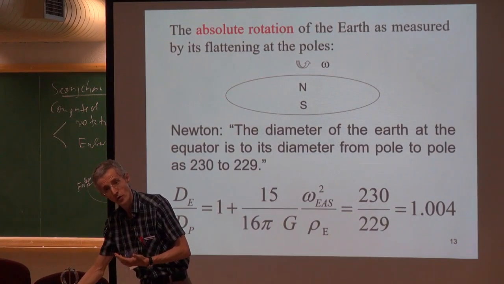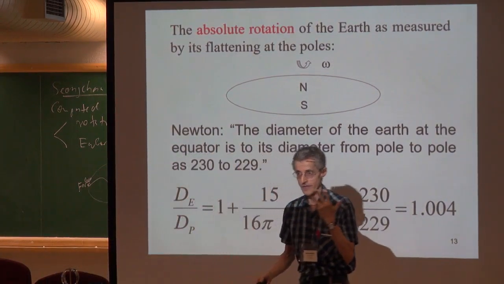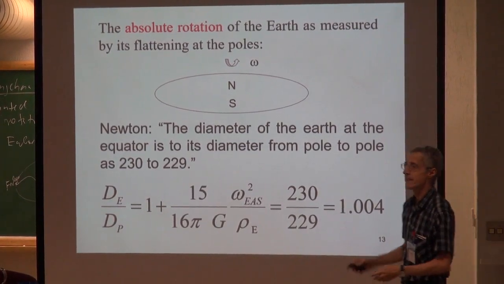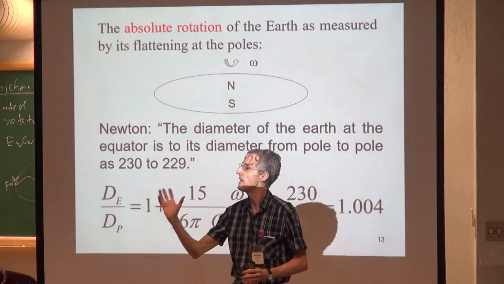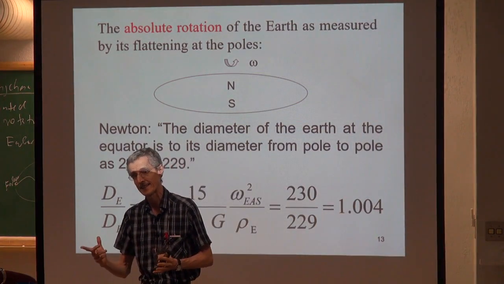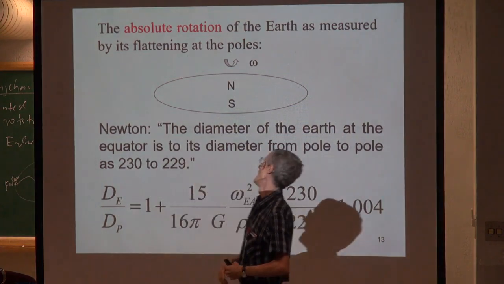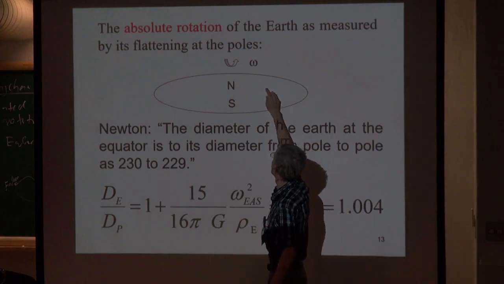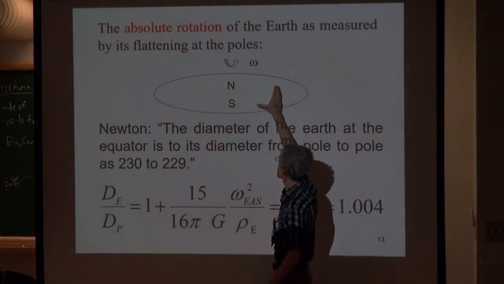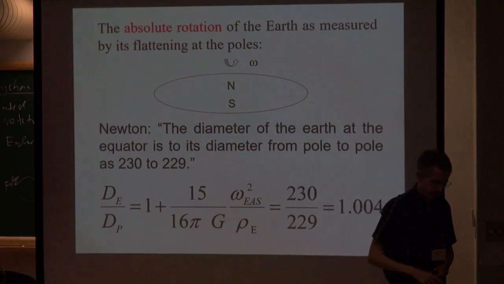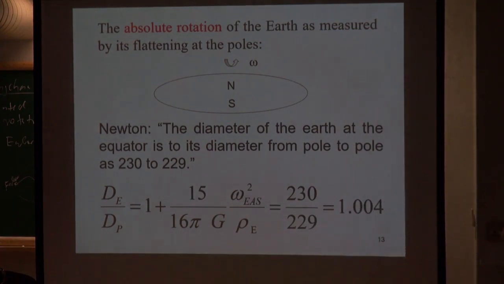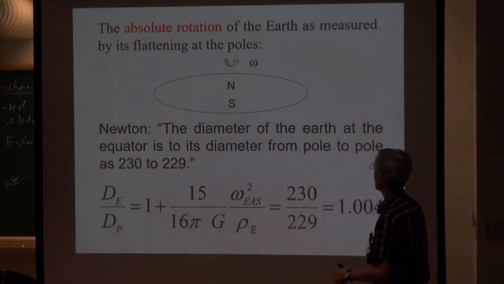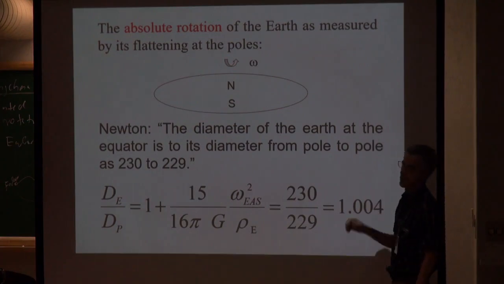Newton made a very difficult calculation of the effect which appears if the Earth spins around its axis relative to absolute space. The forces acting here are the gravitational force and the force due to Archimedes' principle in the fluid of the Earth, because the Earth is full of fluids, water.